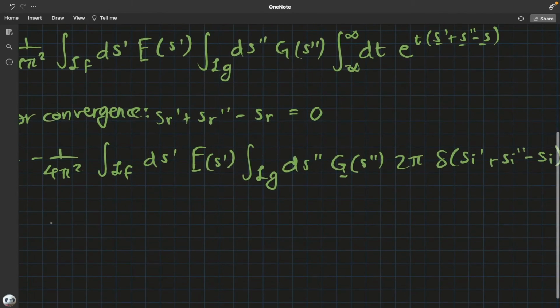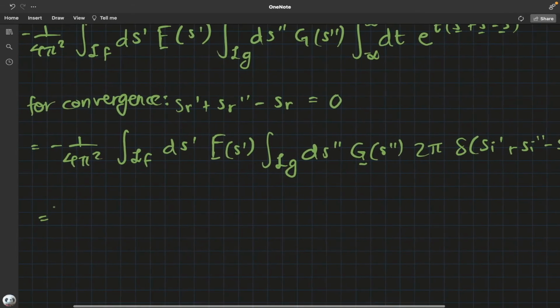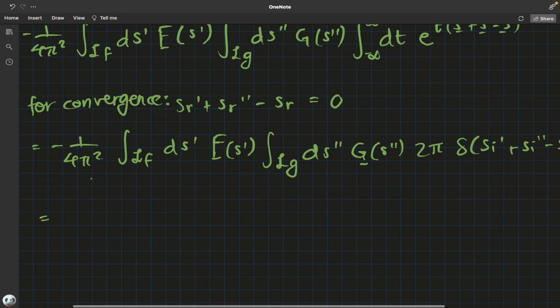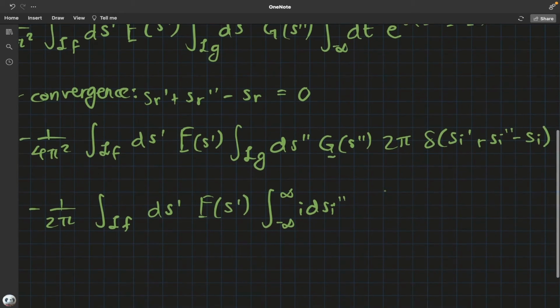Now contract over everything, or rather, let's parameterize first. That's probably a better idea. So just parameterize along this imaginary path.